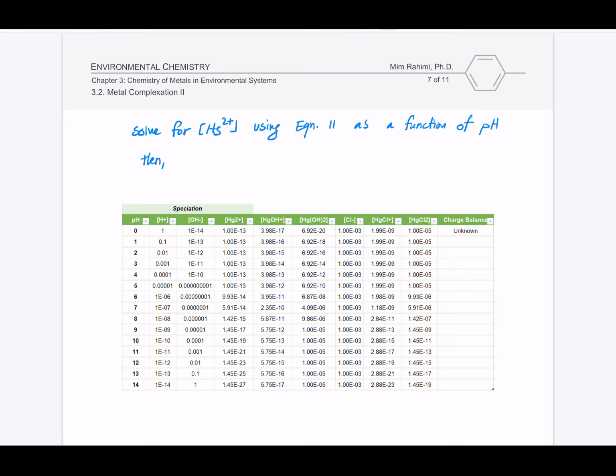And then we calculate the other species using the other equations, 5, 6, 7, and 8.